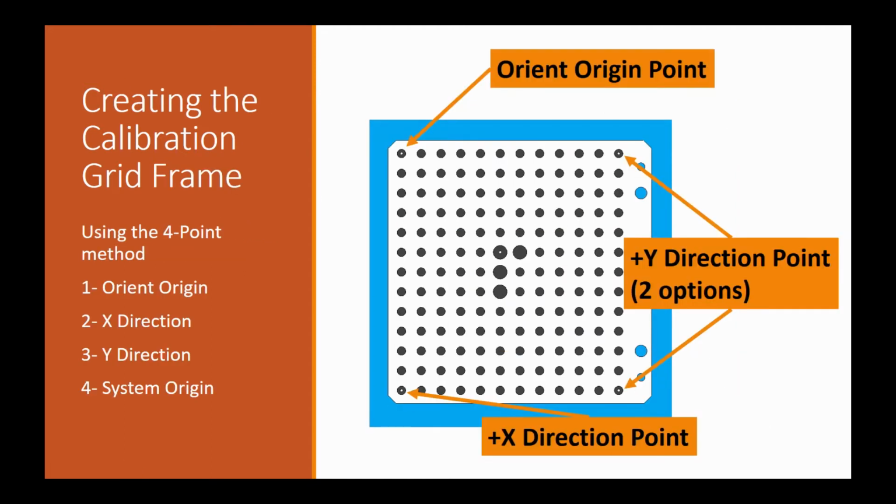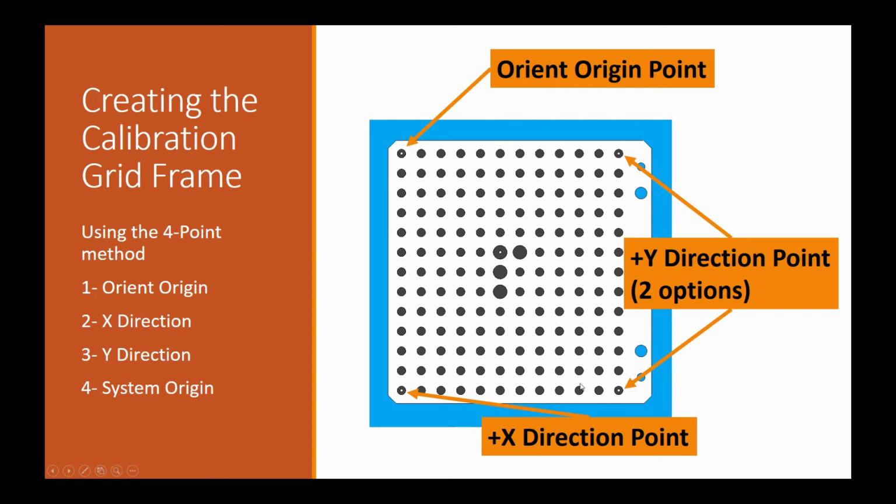To teach the calibration grid frame, we select the user frame from the user frames list that we want to use. The best way to teach the calibration grid frame is with the 4-point method. With the way the calibration grid is oriented on the screen, the orient origin is in the top left-hand corner, shown here by this dot, and you can see the small white dot inside the black dot. The X direction is extended downwards from this orient origin, following the 3 larger dots, or the same direction as those 3 large dots.